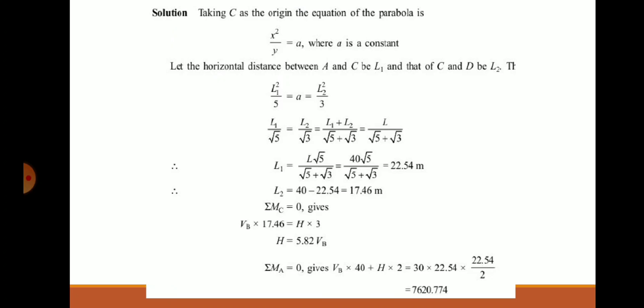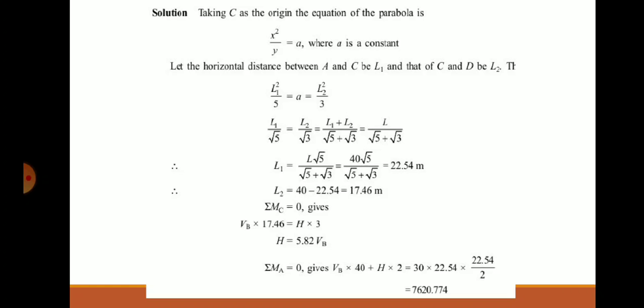And what is VB? Sigma MA is equal to 0. If you do, you will get VB. Sigma MA is equal to 0, VB into 40 plus H into 2 is equal to, solving the equation you will get VB.